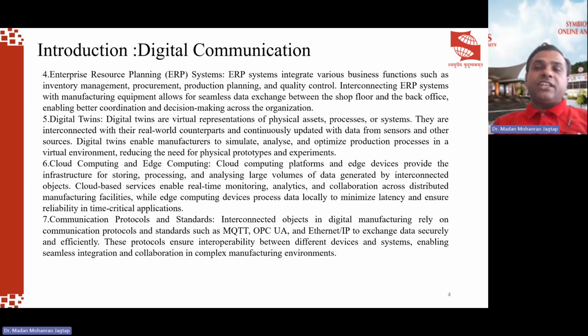So management can give their decisions to the shop floor. Management can take some decision and instruct the shop floor related to the requirement of a particular thing, and the shop floor can fulfill that requirement. So it enables better coordination and decision making across the organization.